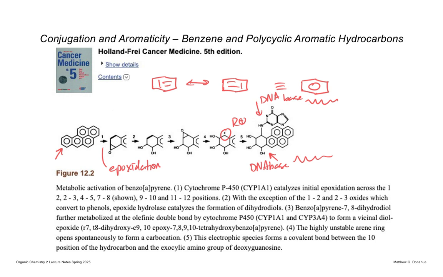So since DNA is a double helix, each side of that ladder is a strand. Each side has a heterocyclic base that points in, and they hydrogen bond to one another.